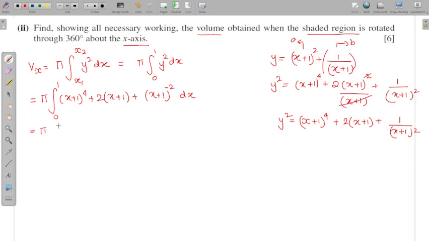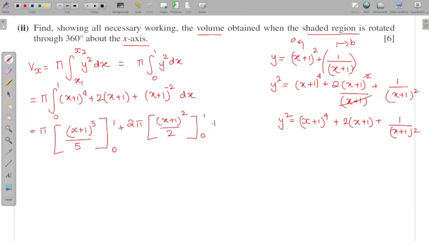So this will be (x plus 1) to the power of 5 by 5, with limits 0 to 1, plus 2 pi, which is (x plus 1) to the power of 2 by 2. Again, limits are 1 and 0, plus this time just pi, so plus pi times (x plus 1) to the power of minus 1 by minus 1 with limits 1 and 0. See, this 2 and this 2 can get cancelled.